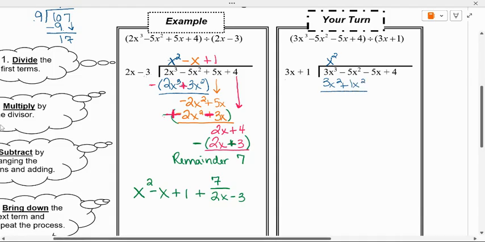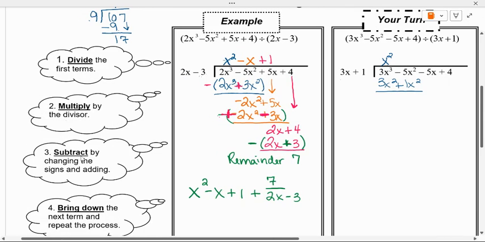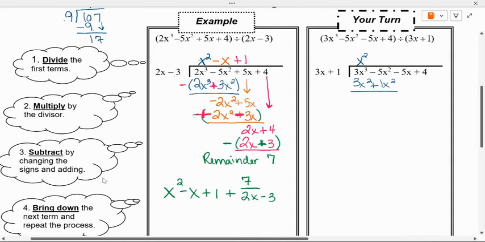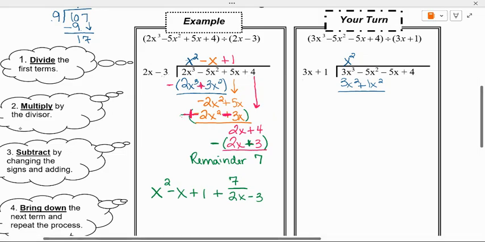I am subtracting this. Do you see it says subtract by changing the signs and adding? We have to change the signs. This becomes a negative and this becomes a negative. Dang it. So 3x, this should say x cubed, sorry, 3x cubed.